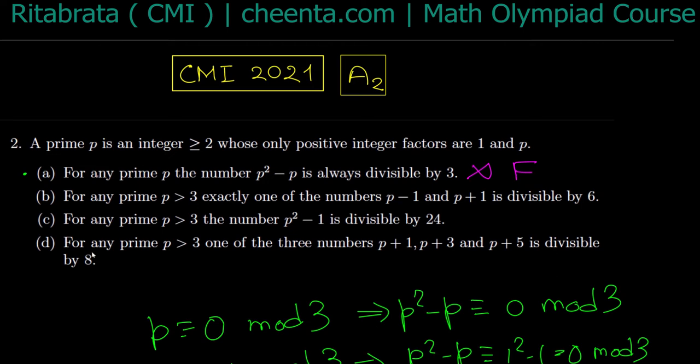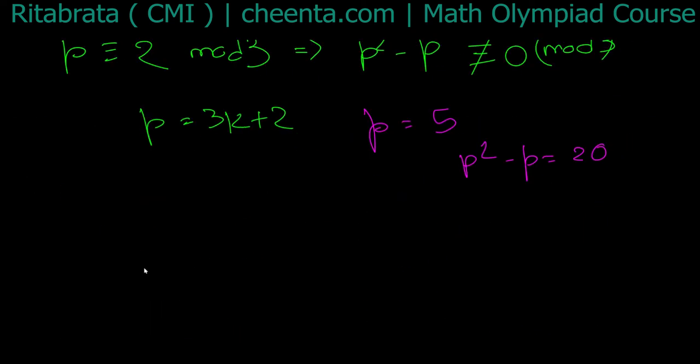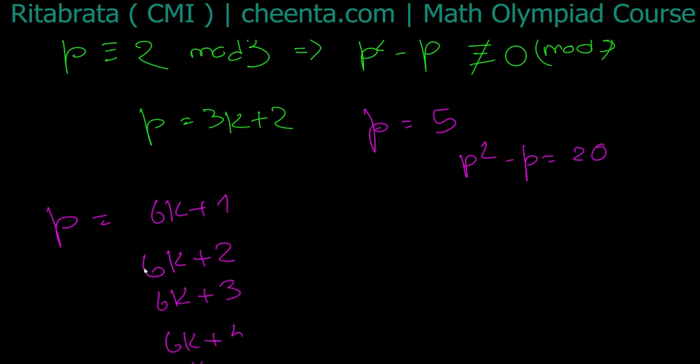What about the second part? In this part I have to divide p by 6. So what are the remainders if I divide p by 6? All possible remainders are 0, 1, 2, 3, 4, 5. So p is either of the form 6k plus 1, 6k plus 2, 6k plus 3, 6k plus 4 and 6k plus 5.